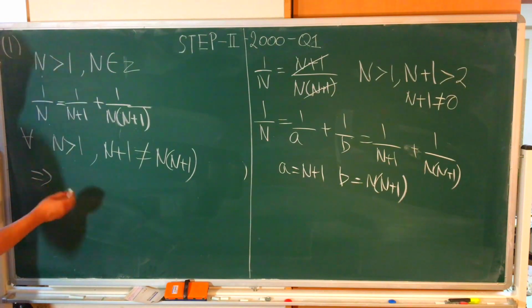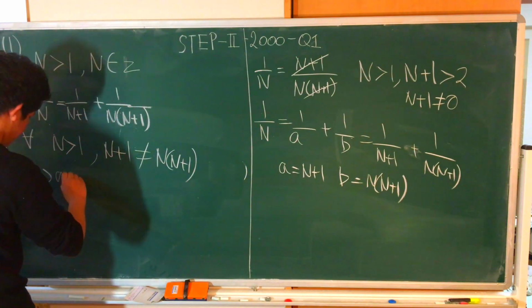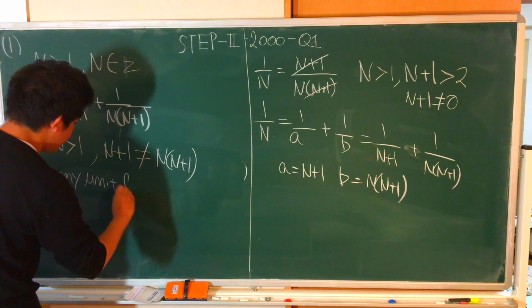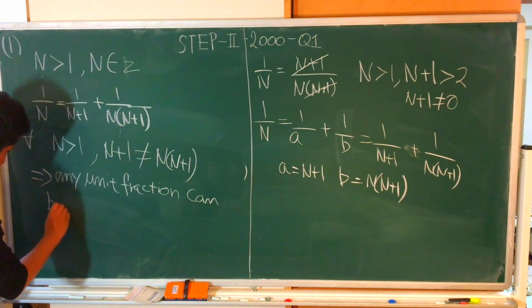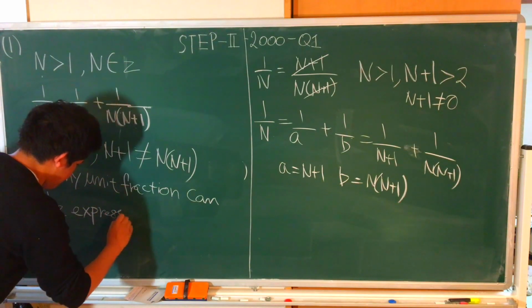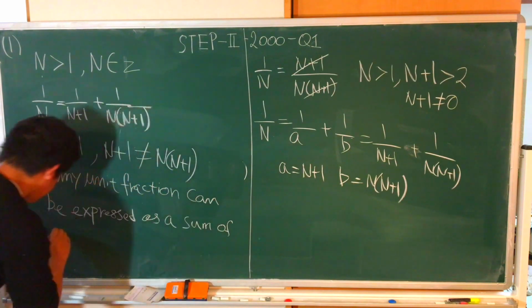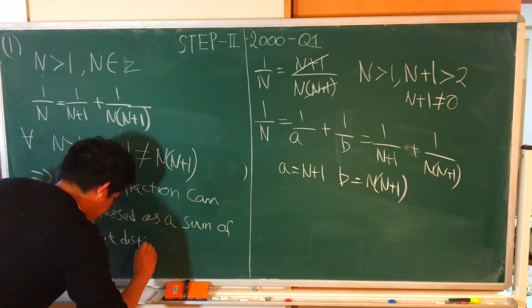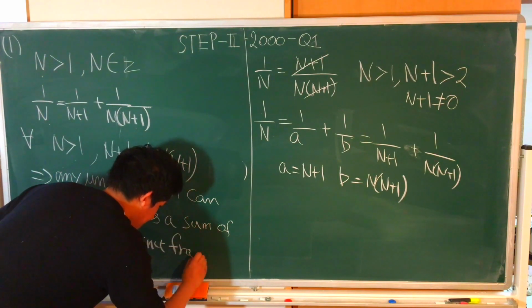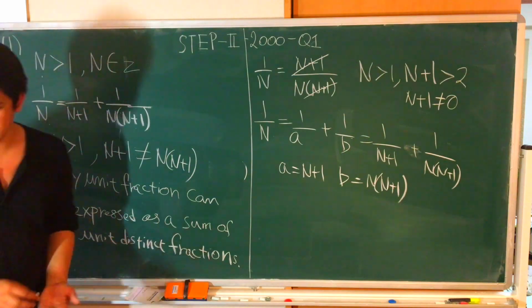Therefore, any unit fraction can be expressed as a sum of two distinct unit fractions. Okay, so we finished this part. Let's move on to the next.